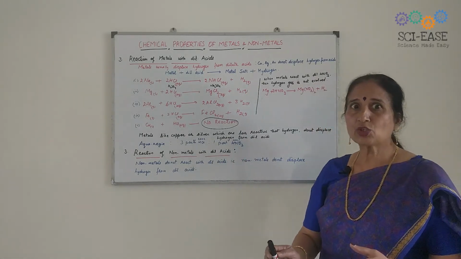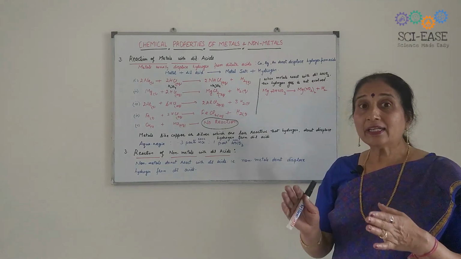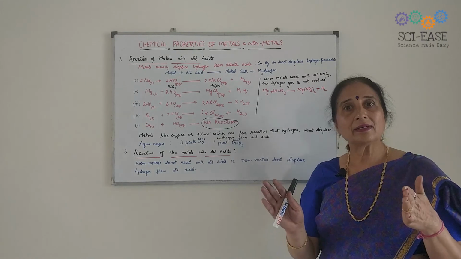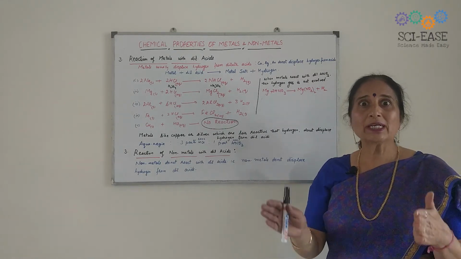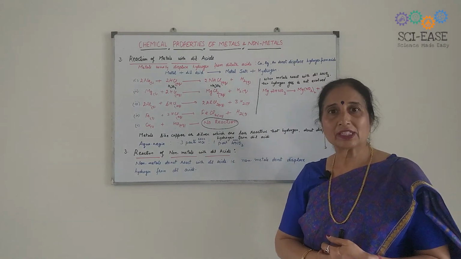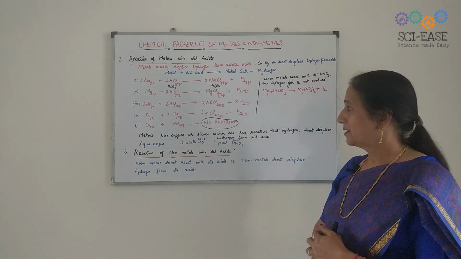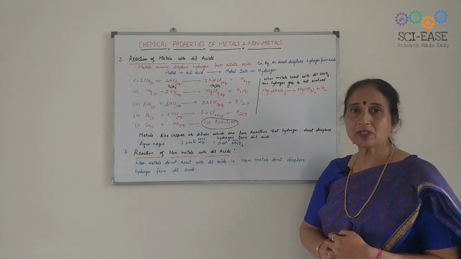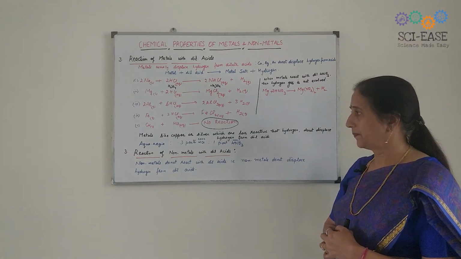This is a very strong mixture, and in this almost all the metals can dissolve. Even gold can dissolve in this aqua regia. So this is an important question that can be asked in the exams, what is aqua regia.